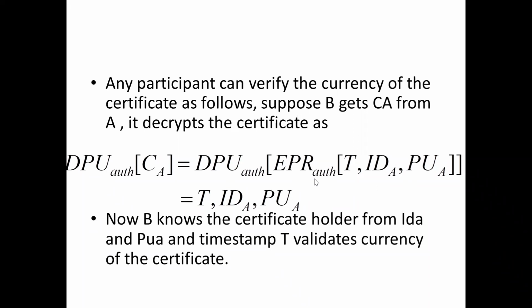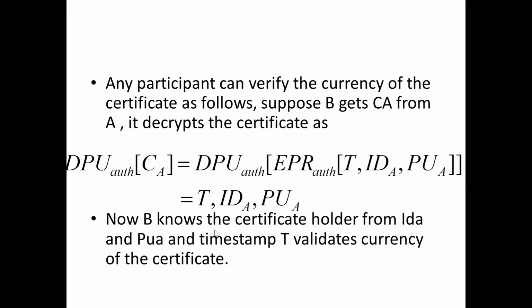B has to decrypt it by using the authority's public key. Then it knows that it includes the identification of the initiator, the public key of the initiator, and the timestamp T, the time.